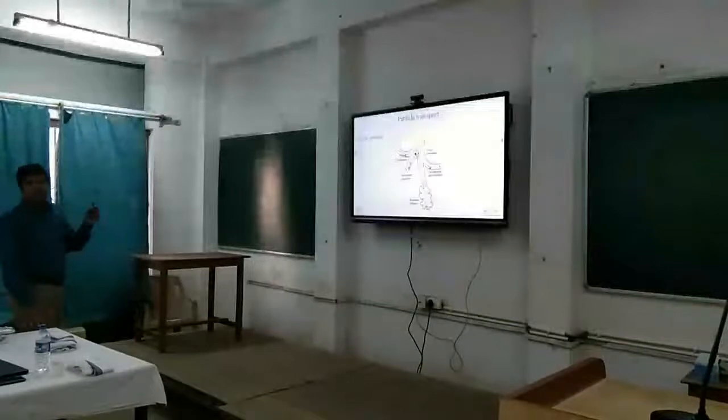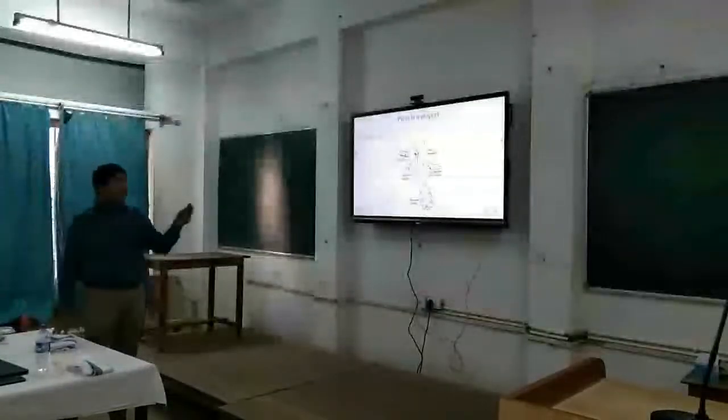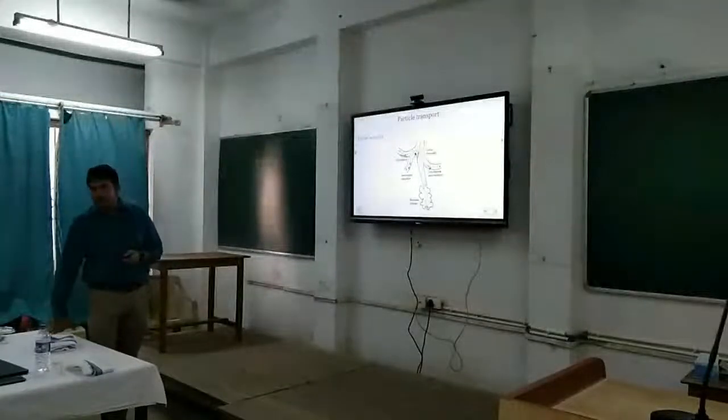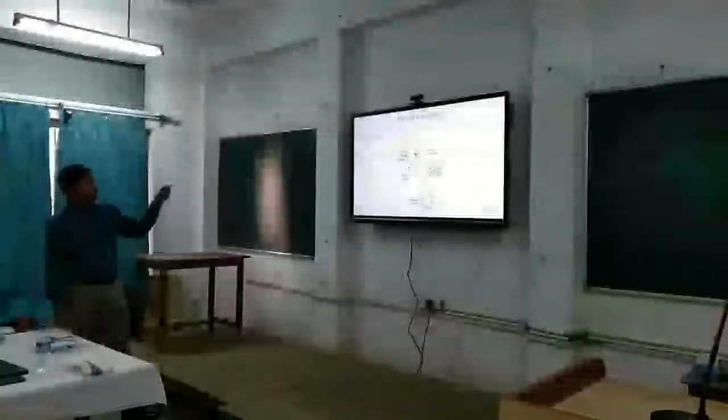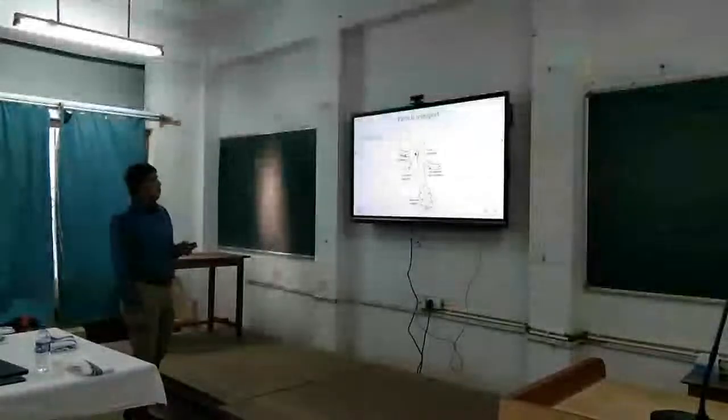When the Reynolds number is close to 1, the Brownian diffusion dominates. There may be other types of deposition also, like electrostatic deposition and interception. We can also get particle deposition using magnetic force. Okay, so I will just talk about these three types.